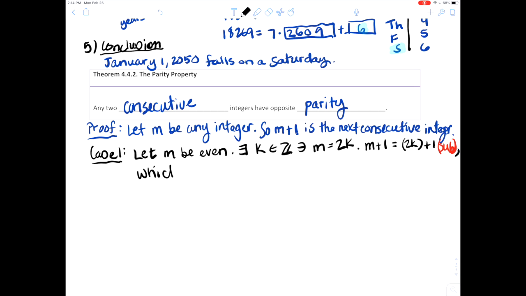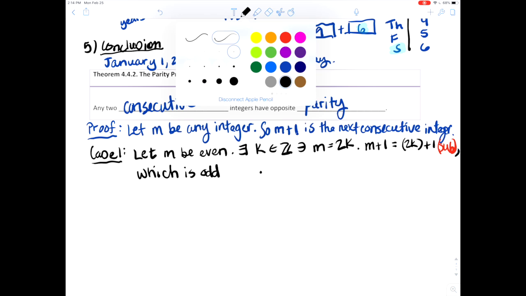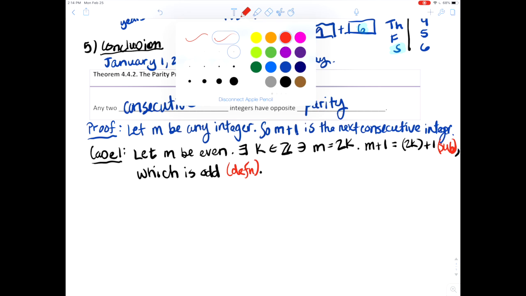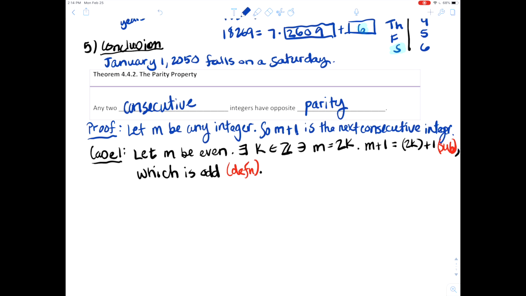Odd. And we'll say that is true by definition. Okay, so here we go. Case 2.